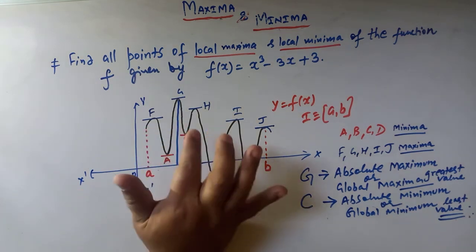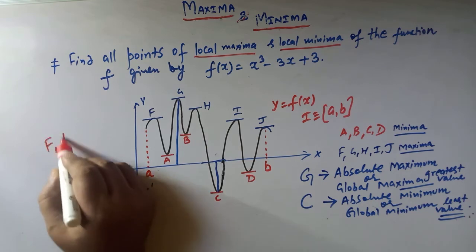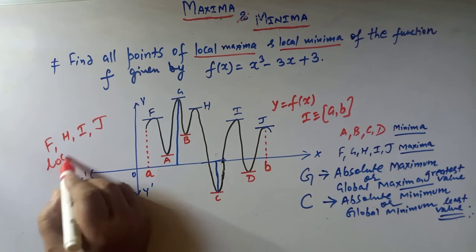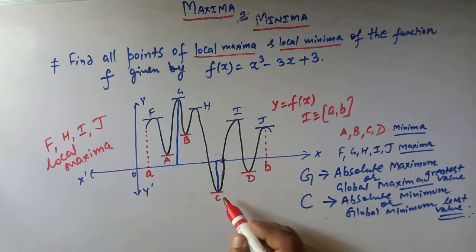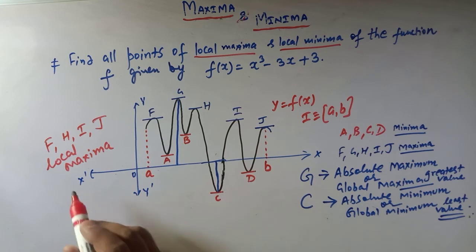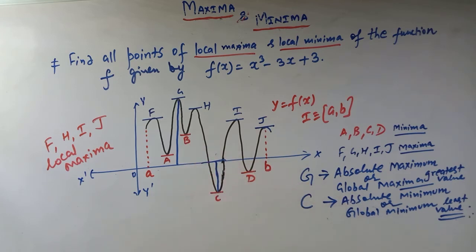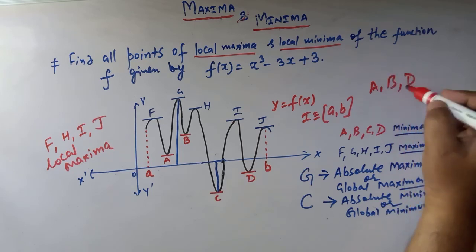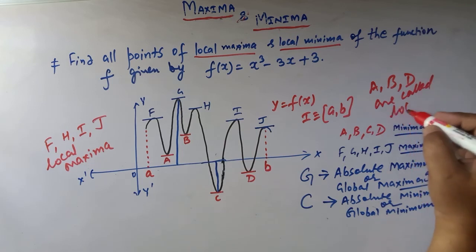The points F, H, I, and J are called local maxima. And the points A, B, and D are called local minima.